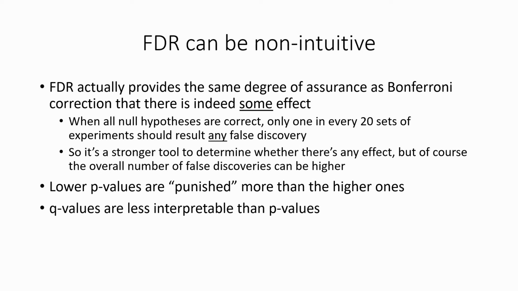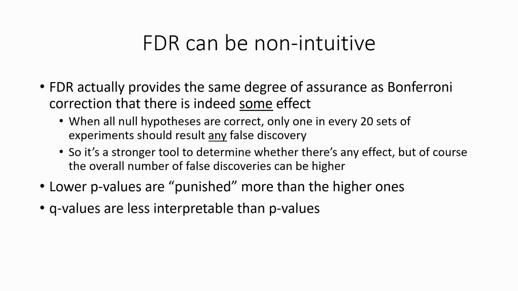So actually what it means is that FDR is a strong tool to determine whether there is any effect. In this respect, they give you the same assurance, but of course we still have that the overall number of false discoveries will be higher with FDR. That's the price we pay for being less conservative.